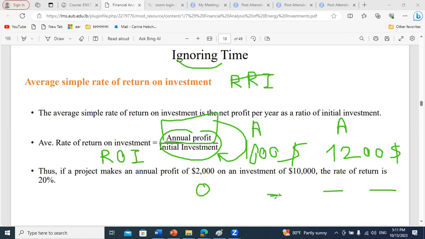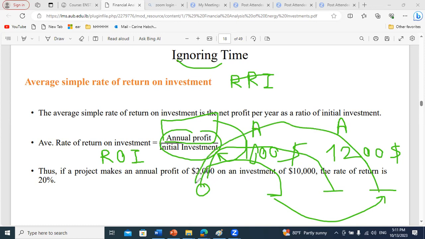And with time, since this value will be reduced, I should take all values back to zero, to be able to compare it with the initial investment.